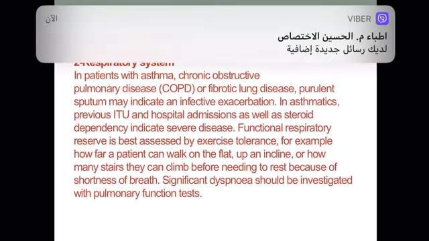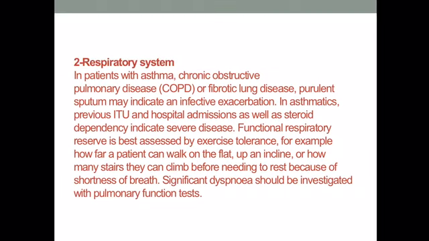Okay. The second system, the respiratory system. In patients with asthma, chronic obstructive pulmonary disease (COPD) or fibrotic lung disease, purulent sputum may indicate an infective exacerbation. In asthmatics, previous upper respiratory tract infection, hospital admission as well as steroid dependence indicate severe disease.